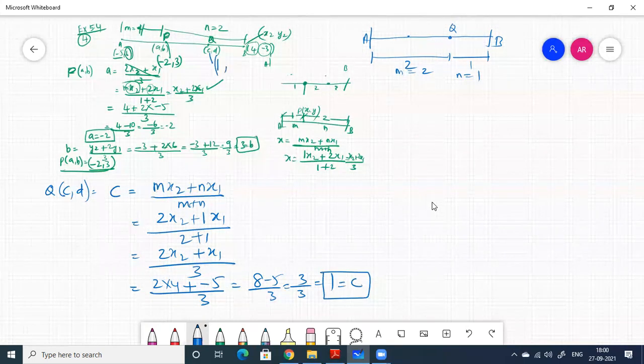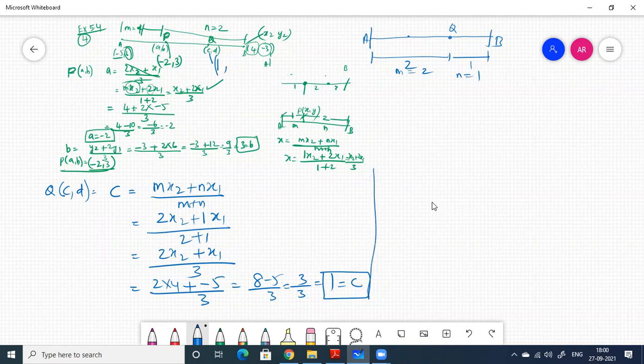Let us see the other point. Same way, D is equal to m into y2 plus n into y1 divided by m plus n. Again, m plus n is 2 plus 1. M is 2. 2 into y2 plus 1 into y1. What is y2?